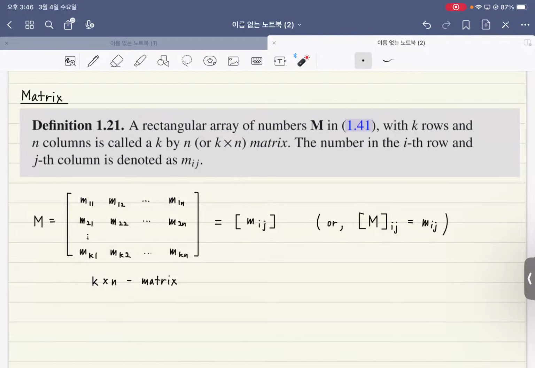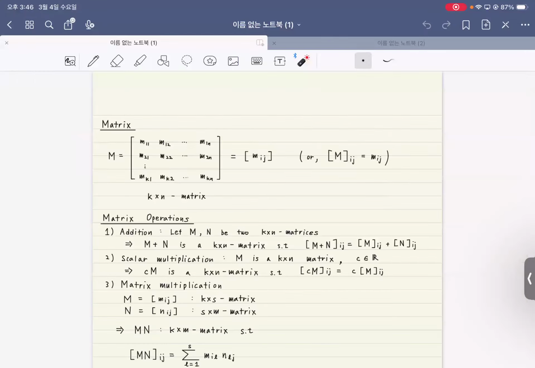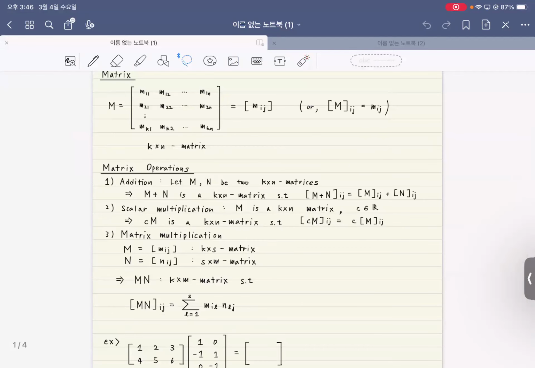So this is the matrix, and we have some operations on the matrices, just as we did on the vectors. On vectors we had the scalar multiplication and the vector addition, and the same is true for the matrices. There are actually three operations.